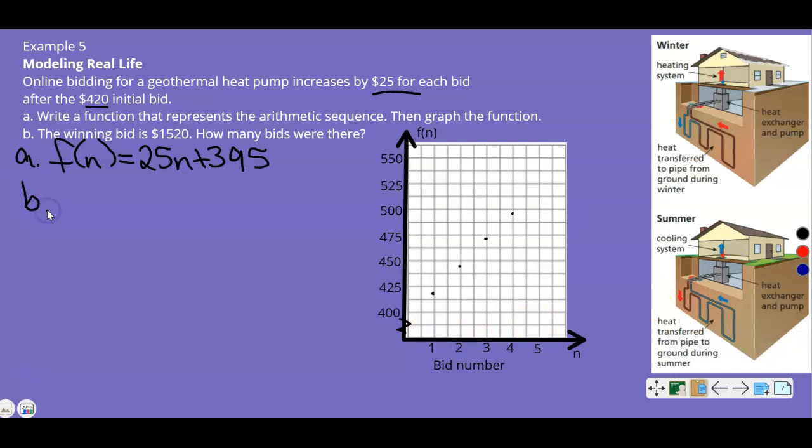Part B says the winning bid is 1520. So 1520 equals 25n plus 395. This time we are solving for n.